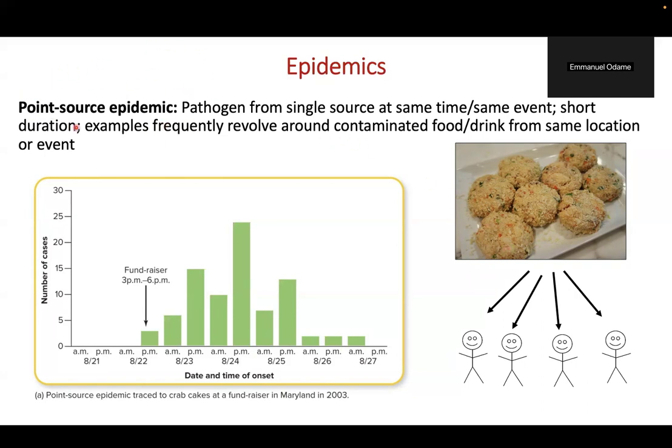So the point source epidemic is a type of epidemic, and basically point source by its name means, let's say all of us went to a party, we went to grab a crab cake, and then the crab cake is infected, all of us will get it. That means we all get it from the same point of contact, the same source. That's what we term the point source epidemic. Basically, an epidemic arising from the same source, with multiple people getting it from the same source at the same time.